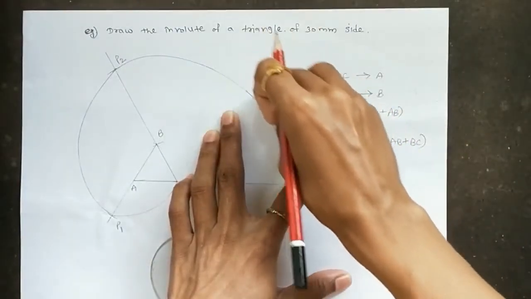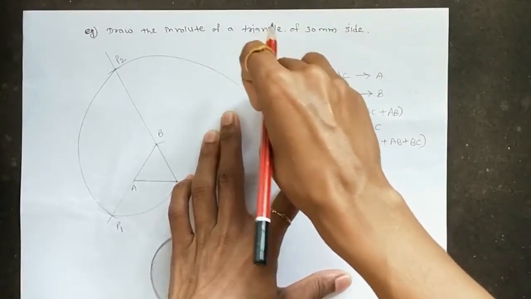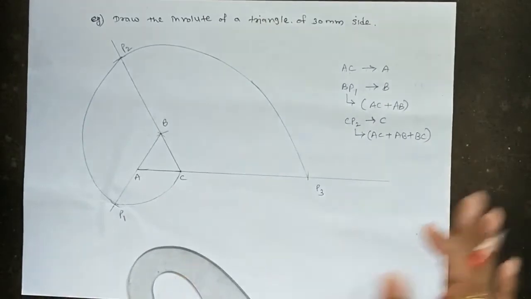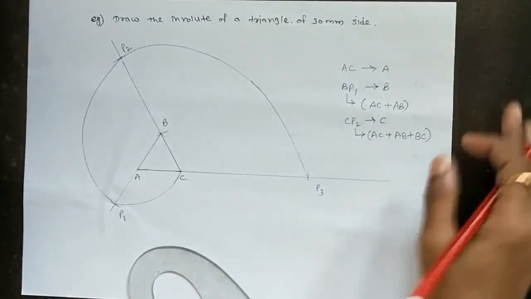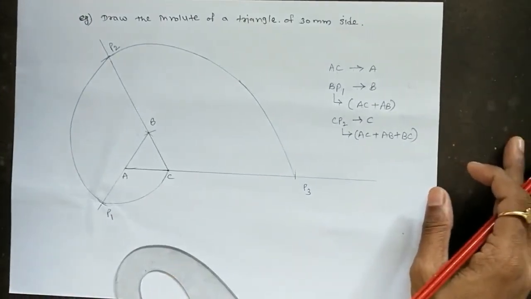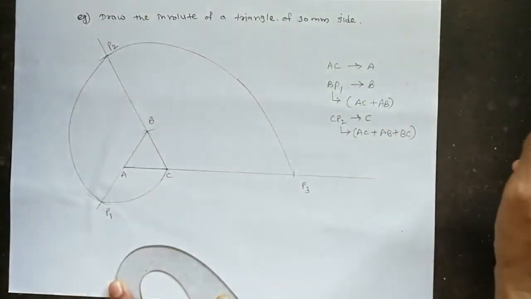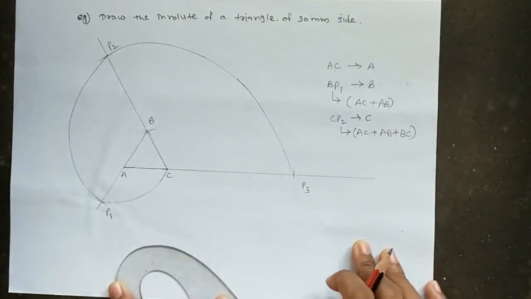I will rub this extra line, and in this way we have joined point C, P1, P2 and P3.